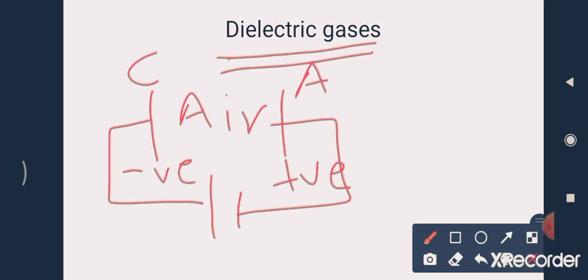Whenever we apply ultraviolet rays over the cathode plate, it starts producing free electrons, and these free electrons are responsible for breakdown in dielectric gases.